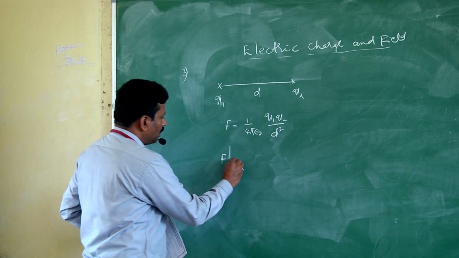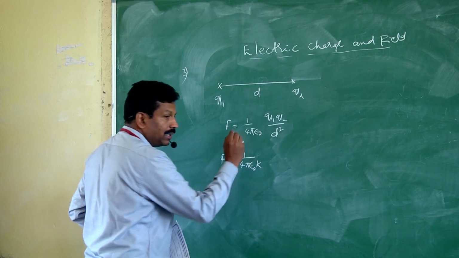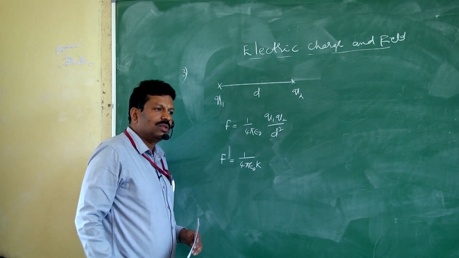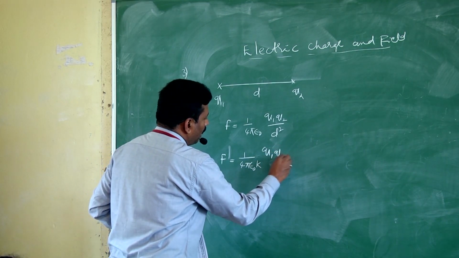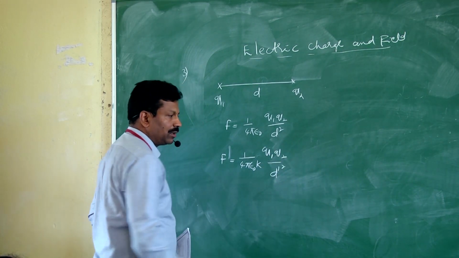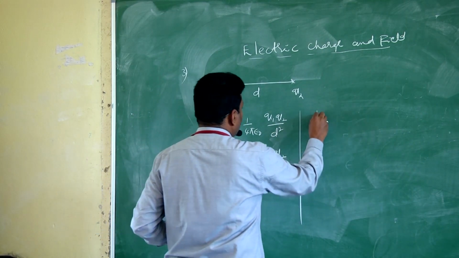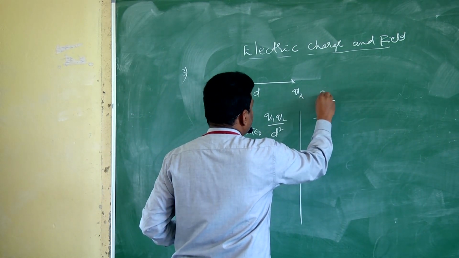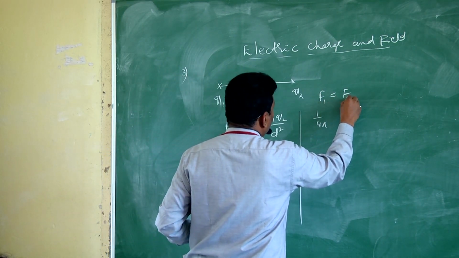So F is now 1 by 4 pi epsilon naught into K, because they are kept in a dielectric medium, Q1 Q2 by d prime squared. They are saying the forces are same.